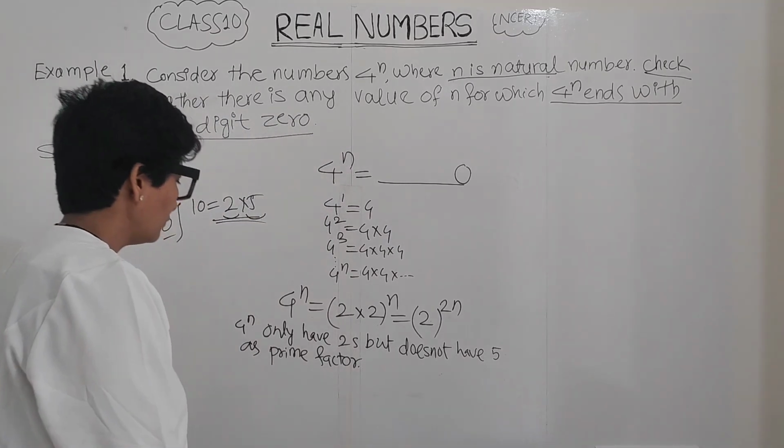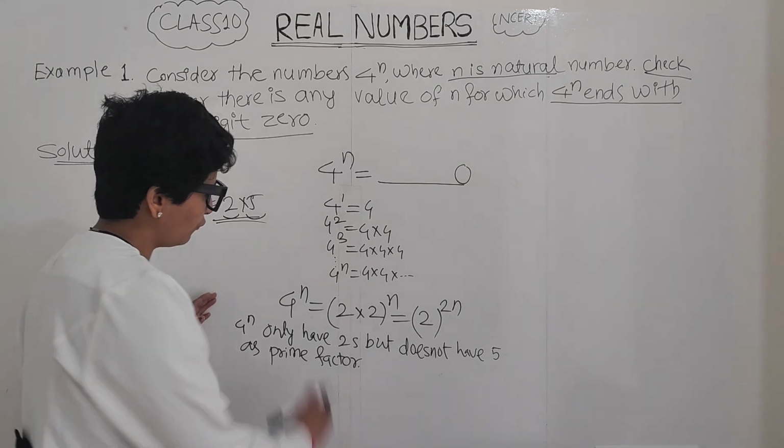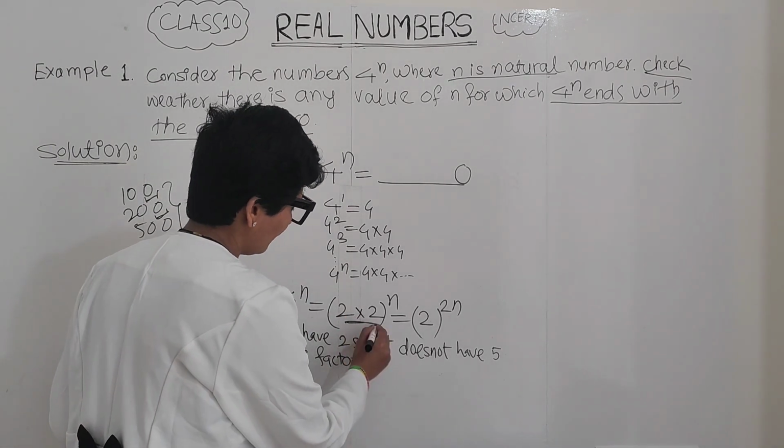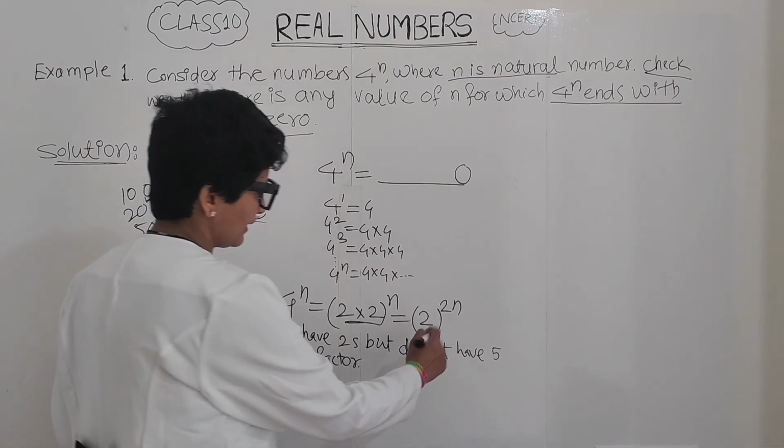After factorizing 4 to the power n, we know that it has only 2's but it doesn't have 5.